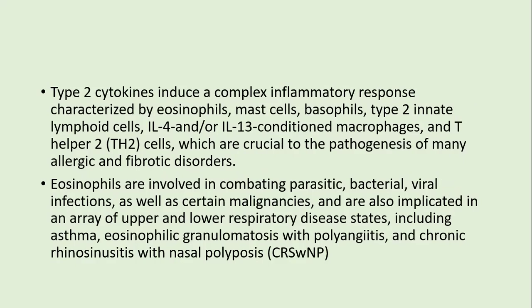Eosinophils are involved in combating parasitic, bacterial, and viral infections and certain malignancies, and are implicated in a wide array of upper and lower respiratory disease states, including asthma, eosinophilic granulomatosis with polyangiitis, the Churg-Strauss disease, chronic rhinosinusitis, and nasal polyposis.